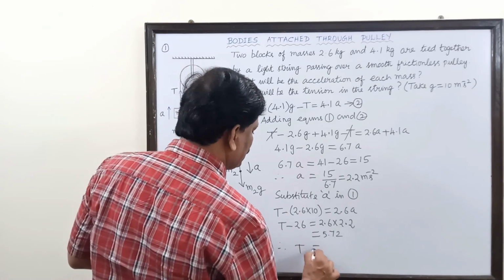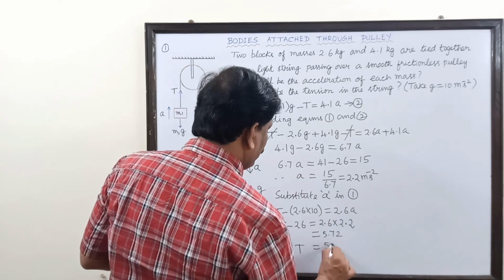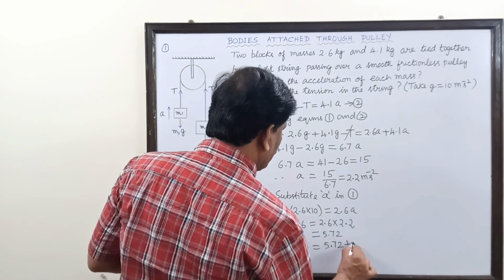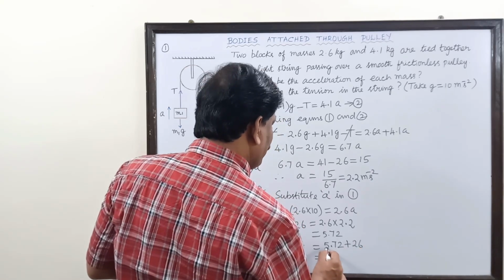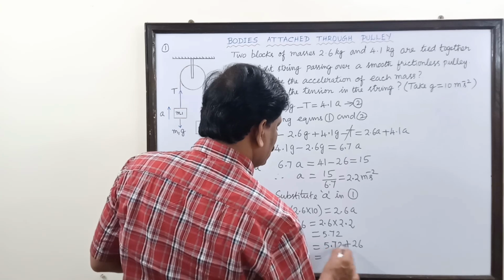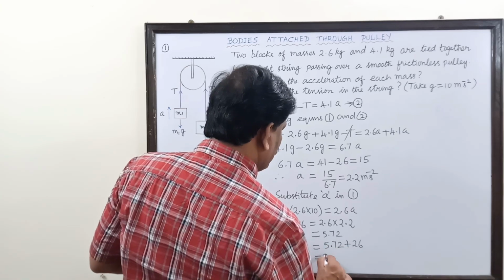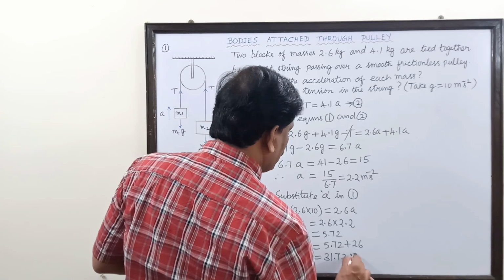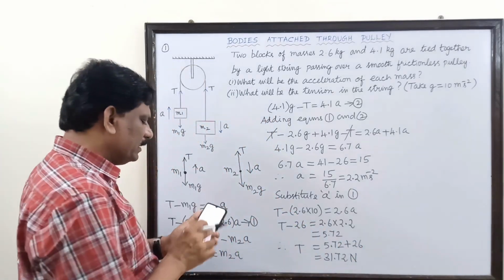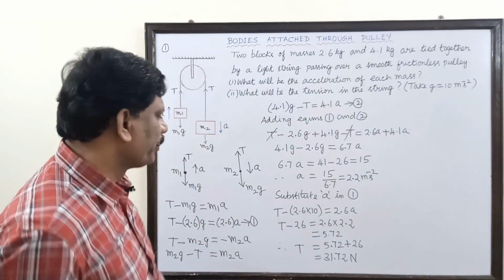Therefore, tension is equal to 5.72 plus 26, so this is 31.72 Newton. So this is the tension in the string.